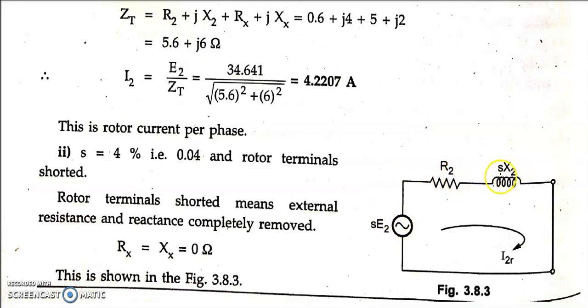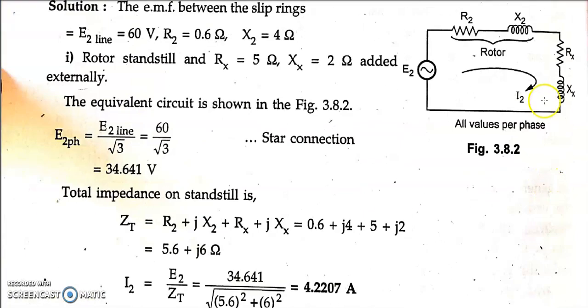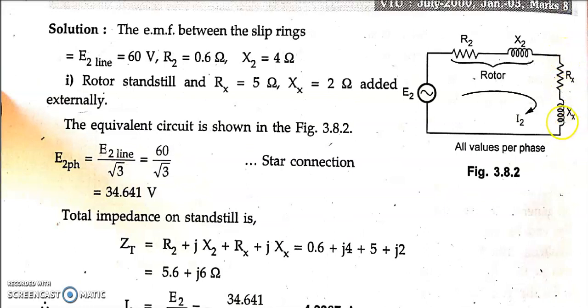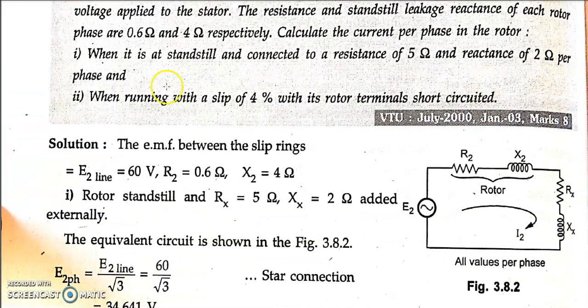And what about this? Yes, this reactance will change in terms of X2R. So the X2R formula is S times X2. In the previous case they added Rx as well as Xs in the circuit as per the given question. But here they just told that the rotor terminals are short circuited without any Rx or Xs.